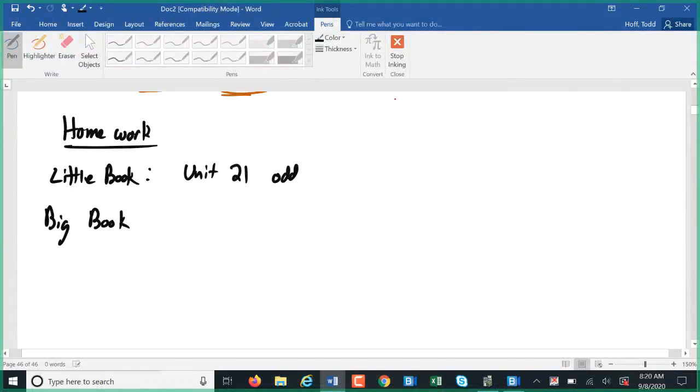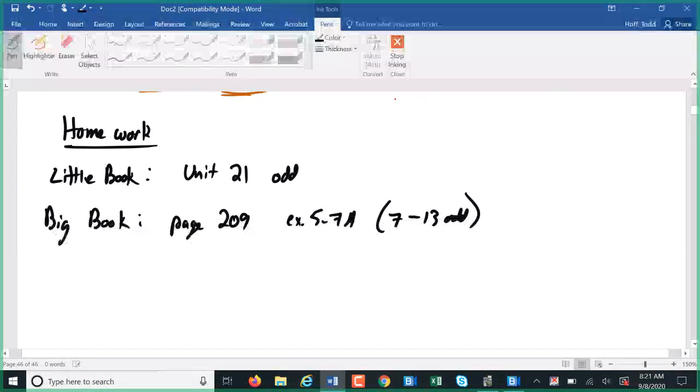Actually, this is separated out into 3 pages in the big book. Page 209. Exercise 5-7A. 7 through 13, the odds. That's only, what, like 8 problems, or not even 4 or 5 problems.